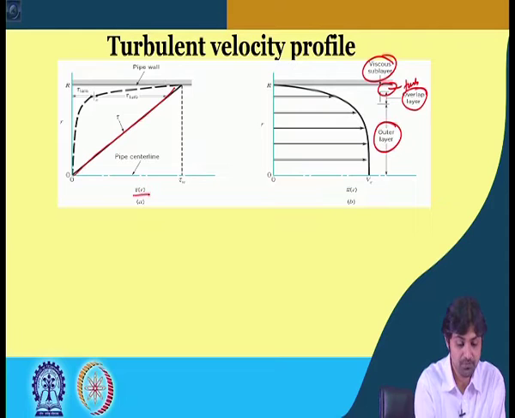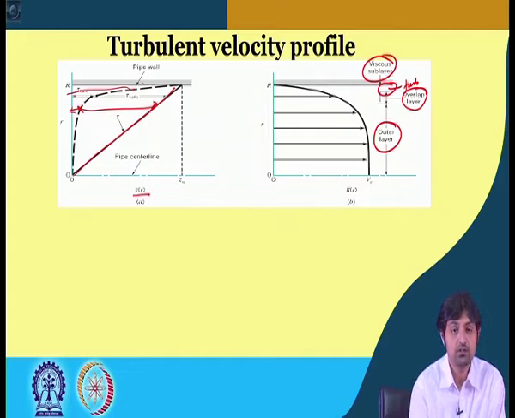Near the wall, the contribution of laminar flow is very high, but as soon as you move away from the wall, the laminar contribution compared to the turbulent contribution becomes less and less.